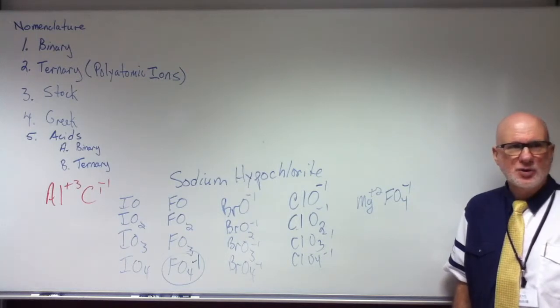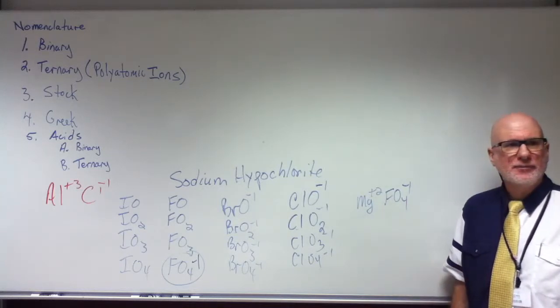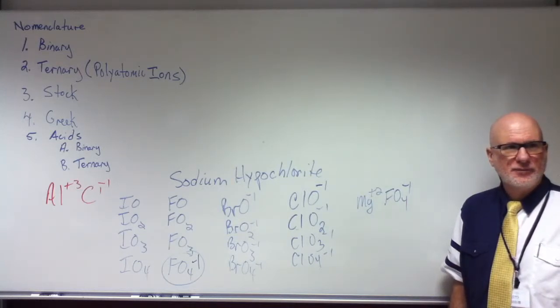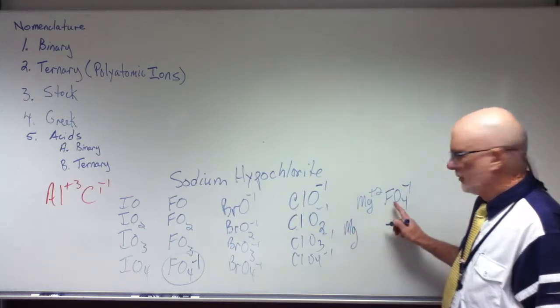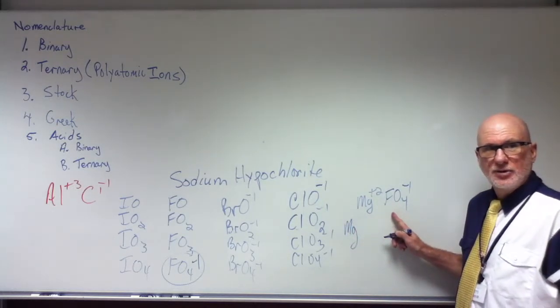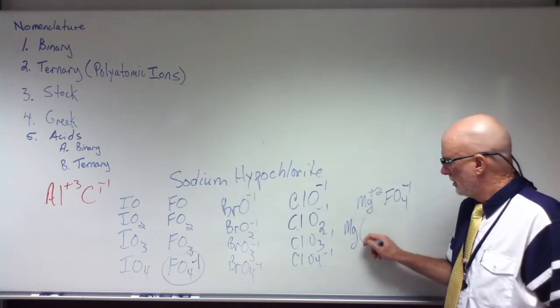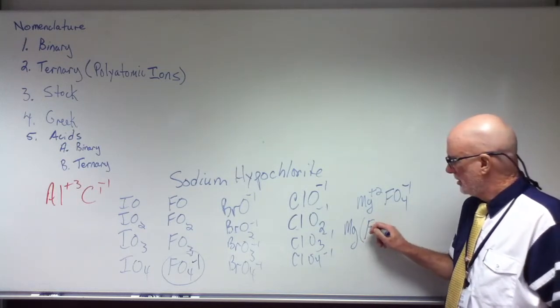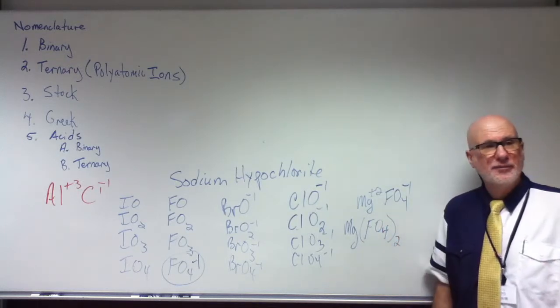You with me? You sure? So how would I write that formula? You can do it. I need 2 of these, right? Parentheses. You put down the Mg, parentheses, FO4, and then a 2.